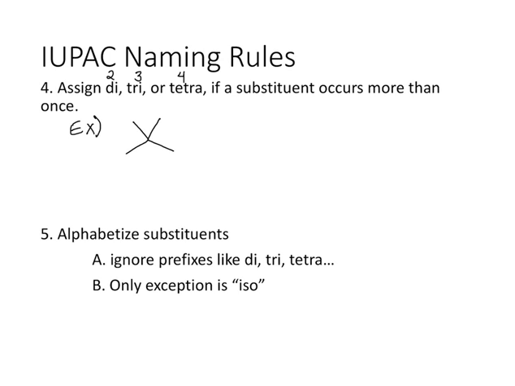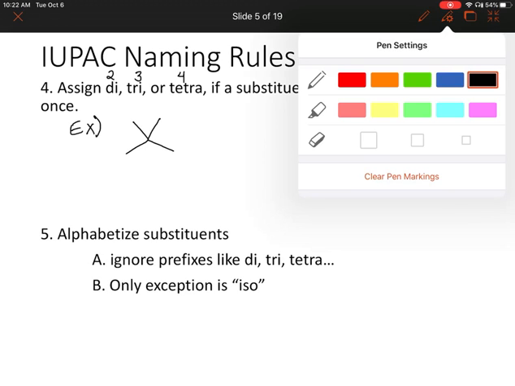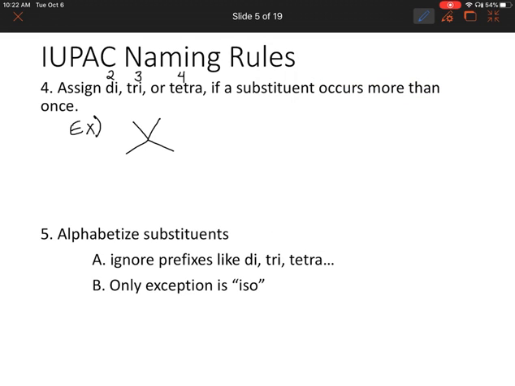Okay, so let's number our longest carbon chain. And if you want to try this on your own first, you can. So try to see if you can figure out what is the longest chain of carbons. Okay, so I'm just going to start from left to right.